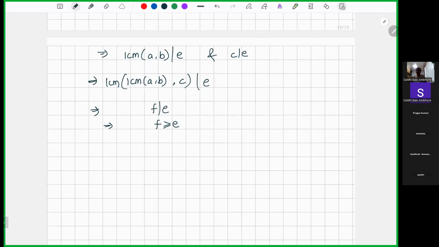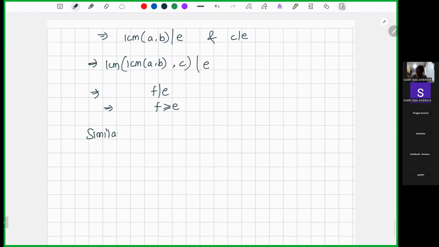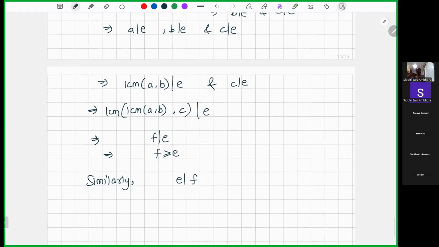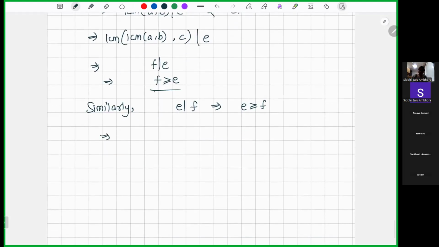So this gives me that F is less than or equal to E. Okay, and if you go with the same flow, similarly you can show that E will divide F. You will arrive at the same conclusion, that a, b, c divide F, and then LCM of b and c will divide F. So we need to establish that F is equal to E. So this will imply that E is less than or equal to F. And so from this and this, I get that E is equal to F, because both statements hold.